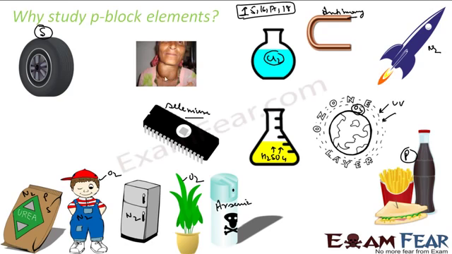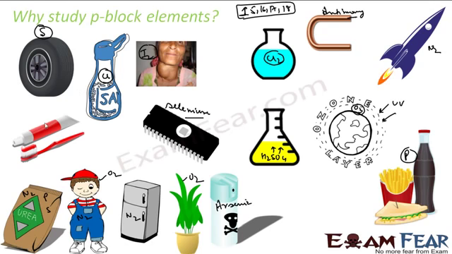Iodine helps to secrete the thyroid hormones. If you have a deficiency of iodine, you get a disease called goiter. So iodine, which is used to produce thyroid hormones, is again a P block element. The common salt that we use a lot in our day-to-day life has Na+ and Cl-, and Cl is a P block element.